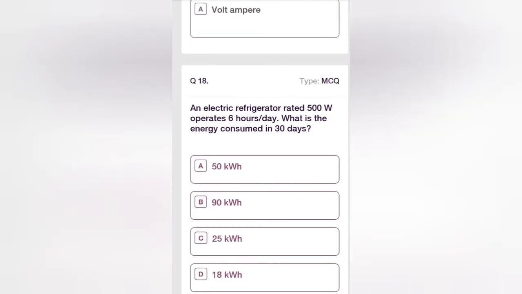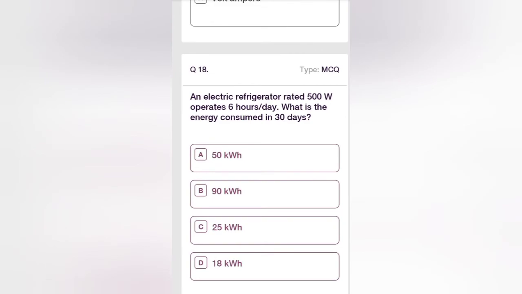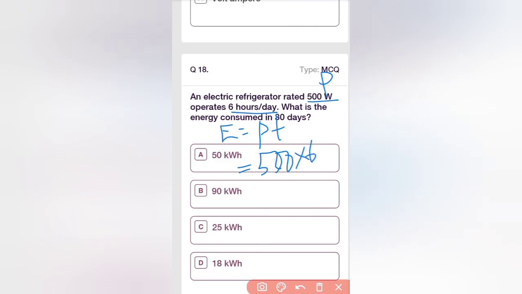An electric refrigerator rated 500 watt operates 6 hours per day. What is the energy consumed in 30 days? So we need to find out the energy. Energy is equal to power into time. So power is 500 watt and the time given is 6 hours per day and it is for 30 days.